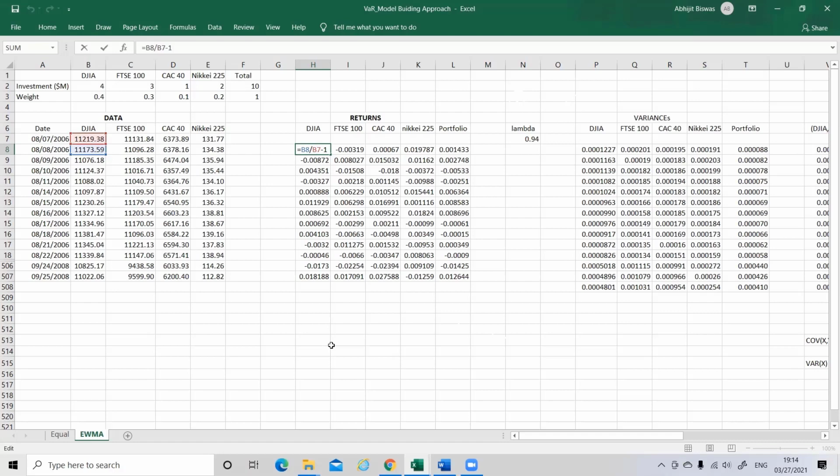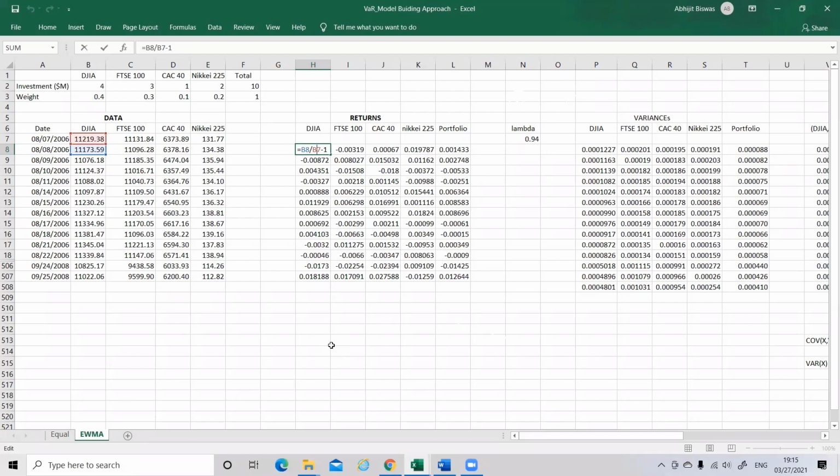Or you can calculate like this: value of Dow Jones on 8th August minus value of Dow Jones on 7th August, whole divided by value of Dow Jones on 7th August. Both ways you will get the same answer.